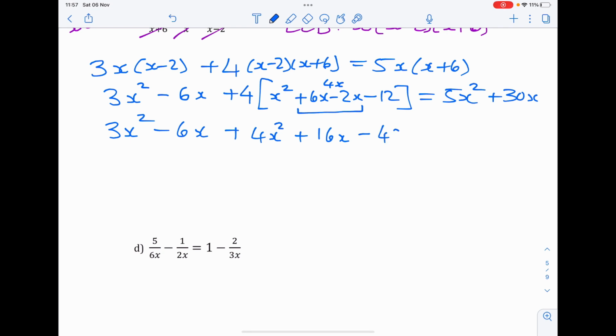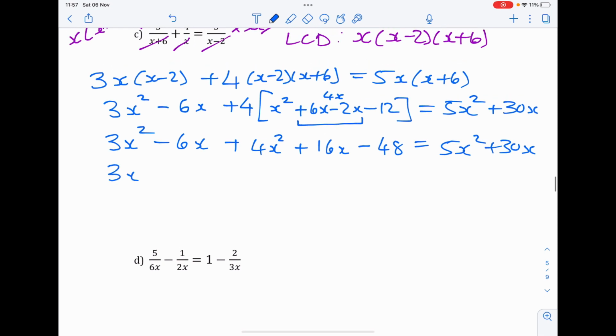Equals 5x squared plus 30x. Again, I can see this is a trinomial, unless all the terms cancel out. But 3x squared plus 4x squared minus 5x squared from the other side, minus 6x plus 16x minus 30x from the other side, minus 48 equals 0.